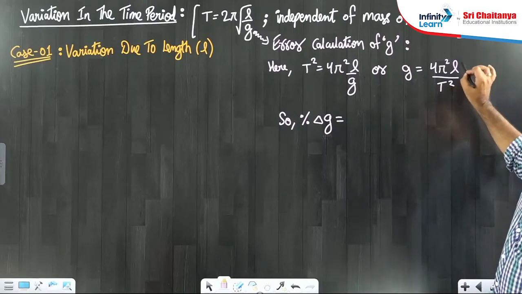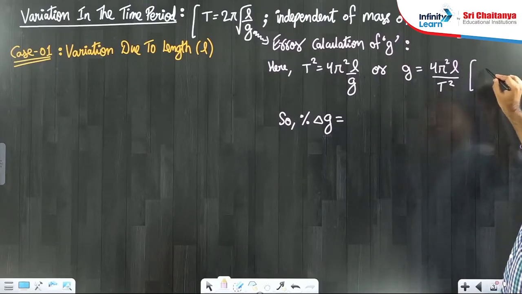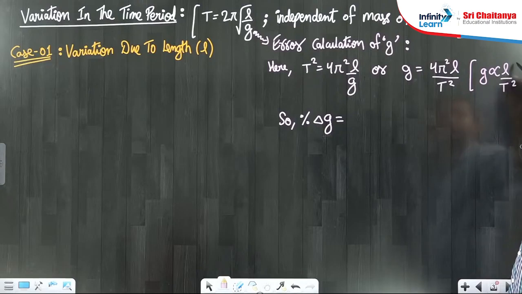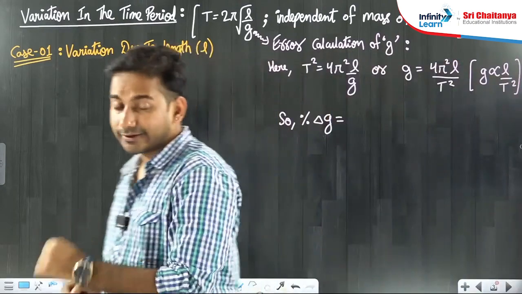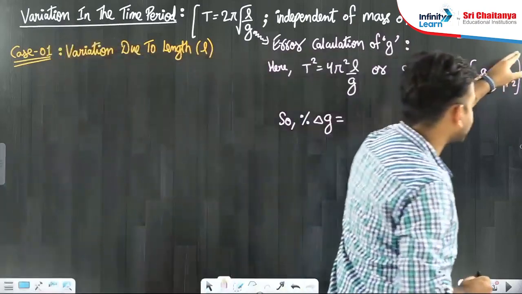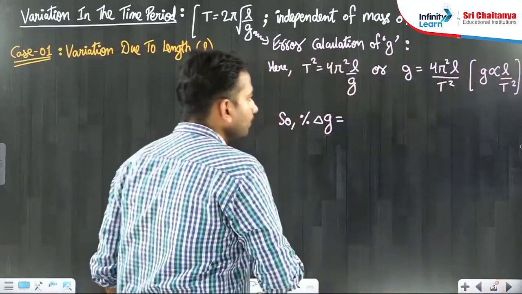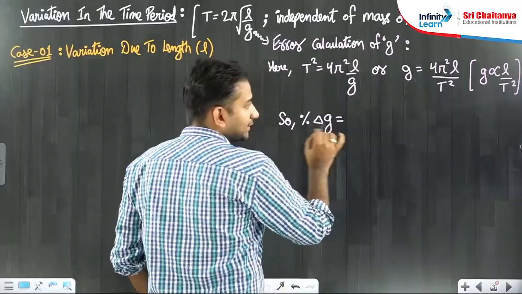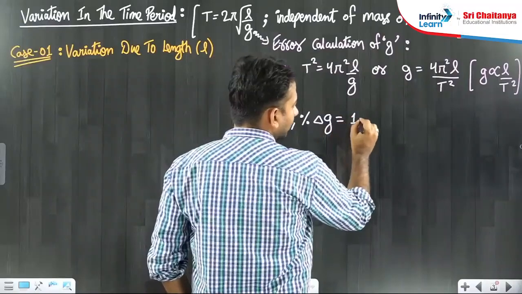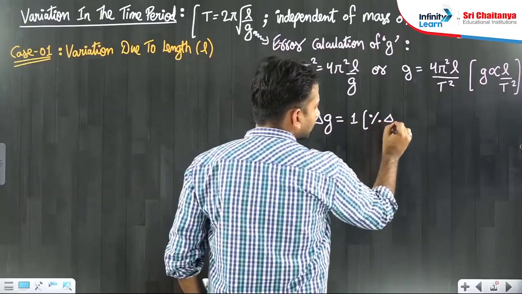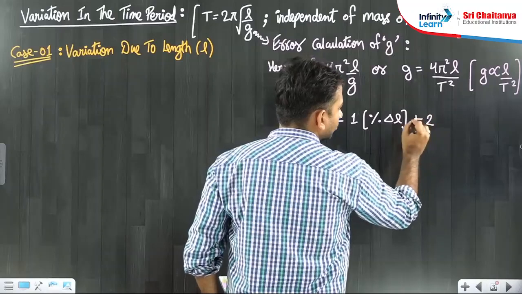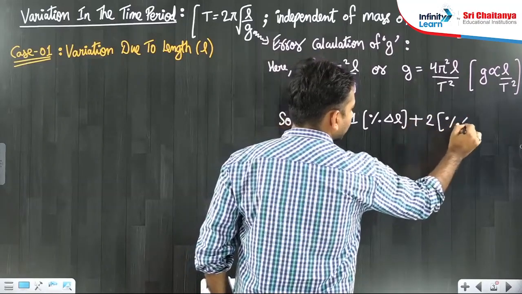The power of L is 1, sorry, not the coefficient. The coefficient is 4 pi square, that will be a number. It will not involve any error. The power of L is 1 and T is having 2. So the percentage error in the value of G will be 1 time percentage error in L plus 2 times percentage error in T.